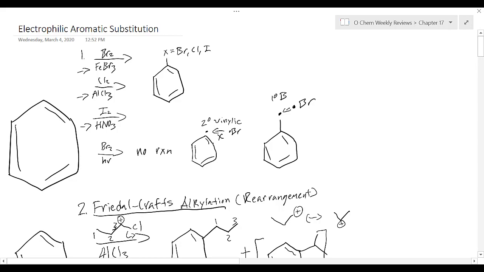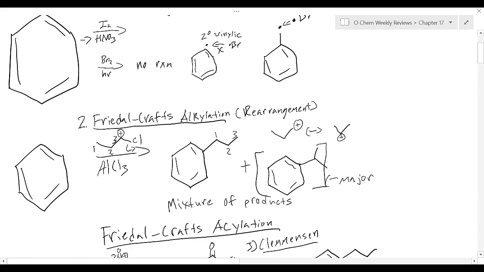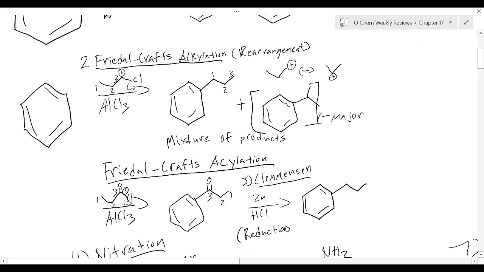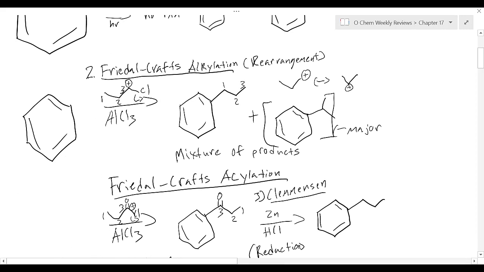So those are the first set. The second set are called Friedel-Crafts. Now there are 2 different types, alkylation and acylation. Alkylation has rearrangement, and I'll talk about why it's rearranging. And keep in mind, an alkyl group is just any methyl, ethyl, propyl, or butyl.